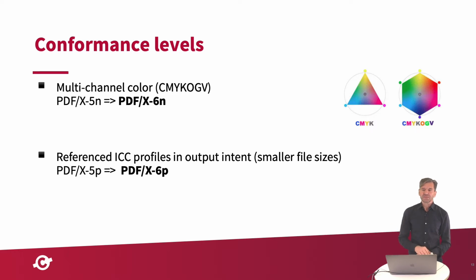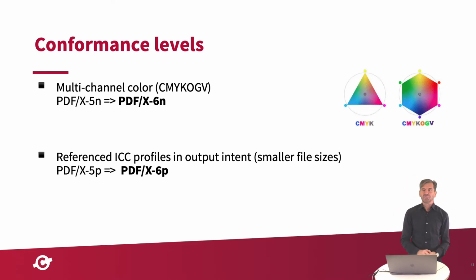The other case is PDF X6P, the successor of PDF X5P, which allows for referenced ICC profiles in the output intent. A typical use case is newspaper ads, where the ad just has text and you would carry the ISO newspaper ICC profile with, I don't know, a 20K PDF file.